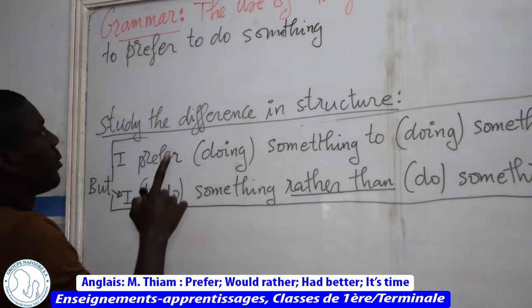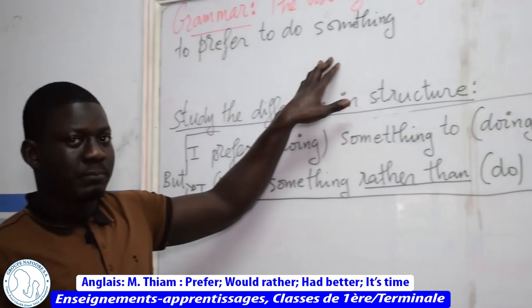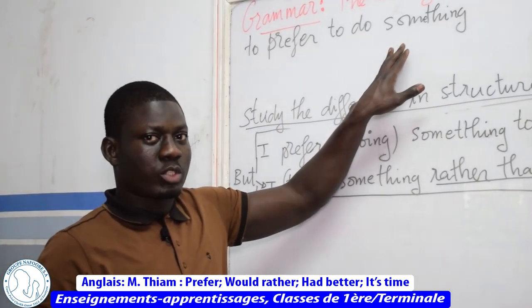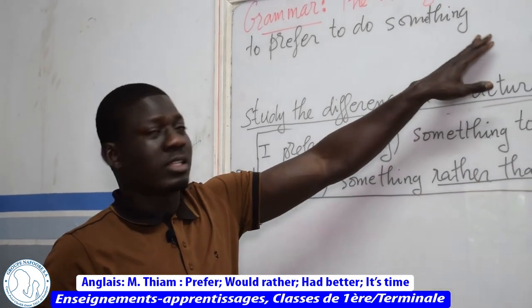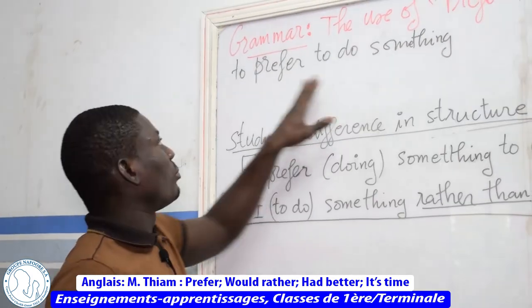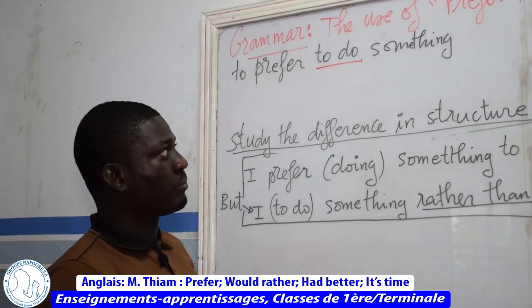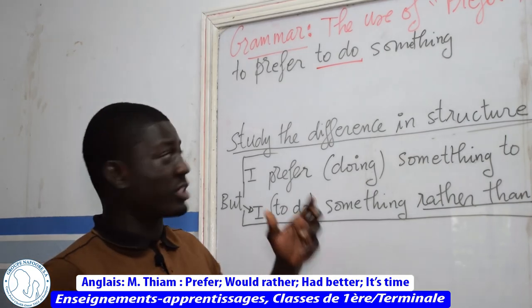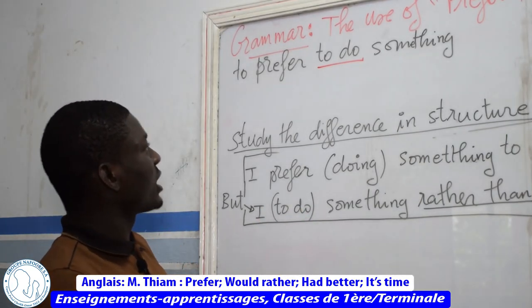Okay? Well, now if you want to express your preference for something rather than something else, well, prefer, if you choose to use the infinitive form, this is the way you're going to proceed. Follow me very attentively.